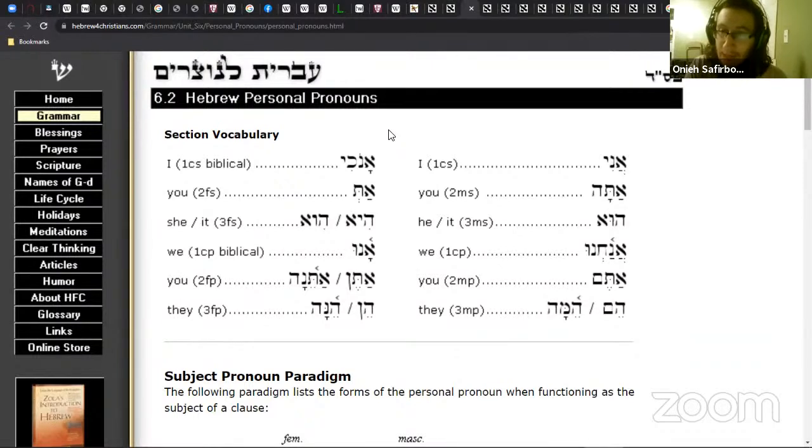That does happen in Hebrew occasionally, but the normal way of doing it is once you introduce the pronoun, then you don't have to keep using that pronoun anymore. It's kind of like how it works in other languages where you introduce a name and then you don't have to keep using the name anymore.